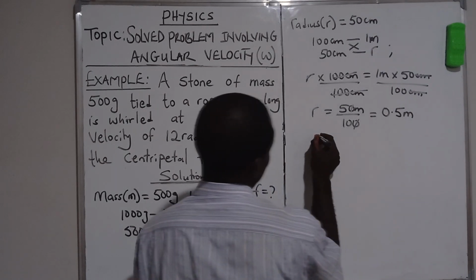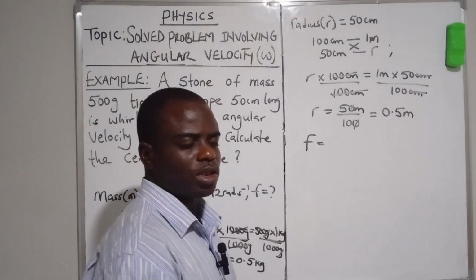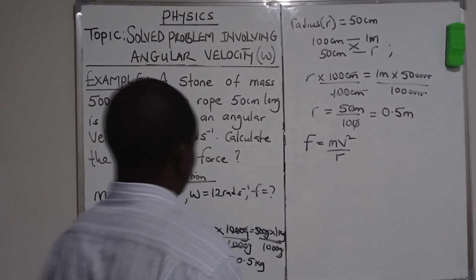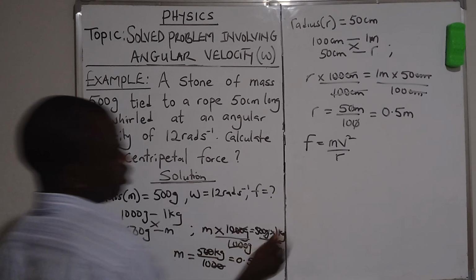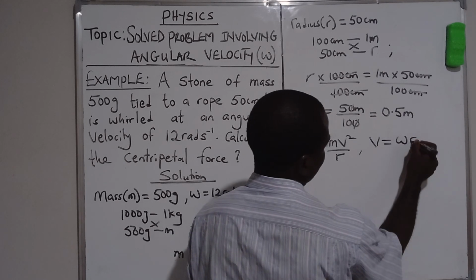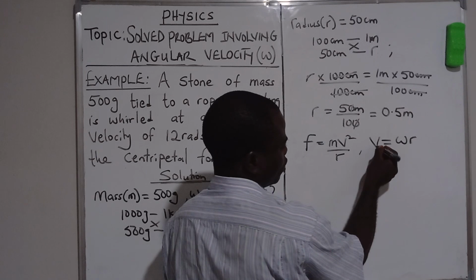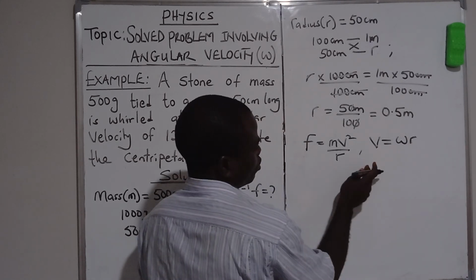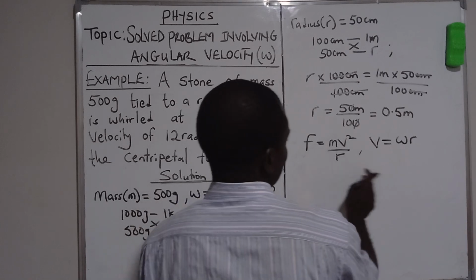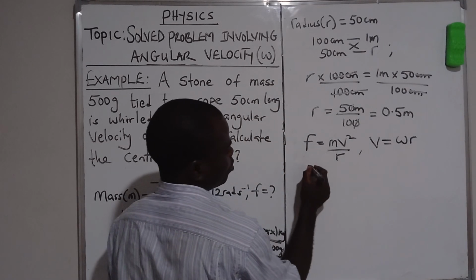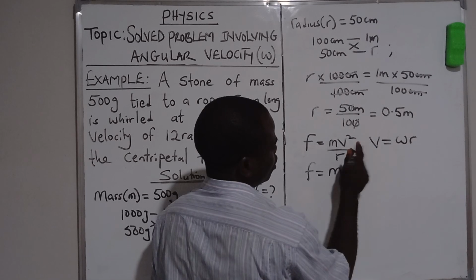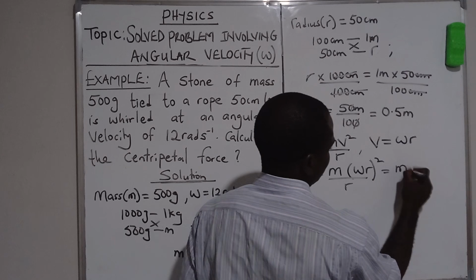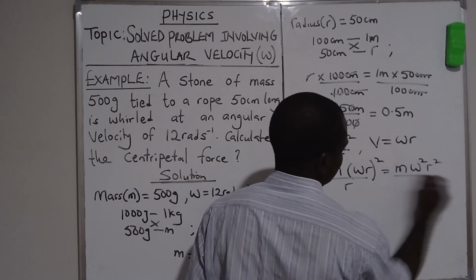Don't forget that centripetal force, the force that keeps the object moving around the circle without skipping away, is F equals mv squared over R. And don't forget that you have the angular speed, and V equals WR, the formula that relates the linear velocity V with the angular velocity W. Since we don't have the linear velocity directly, we substitute V equals WR into the formula for centripetal force, F equals M, instead of writing V, you replace it with WR, squared, over R, equals mw squared r squared divided by r.